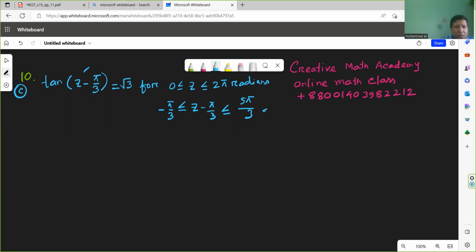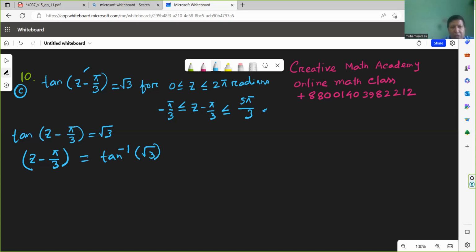So now see how you can solve. Tan of z minus pi by 3 equals root 3. So z minus pi by 3, the whole part is the angle, equals tan inverse root 3. Tan inverse root 3 in radian mode gives pi by 3.